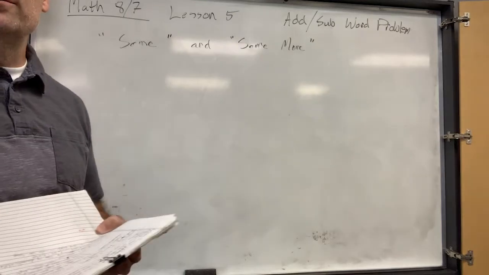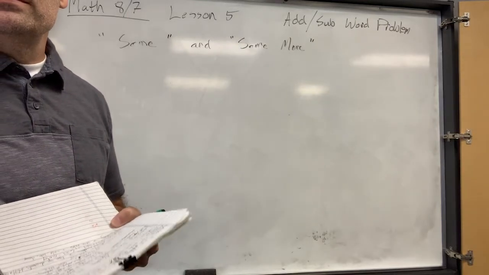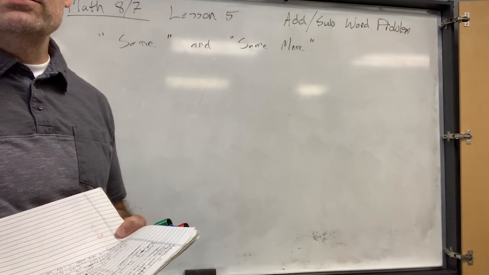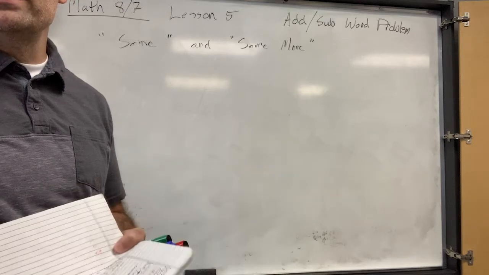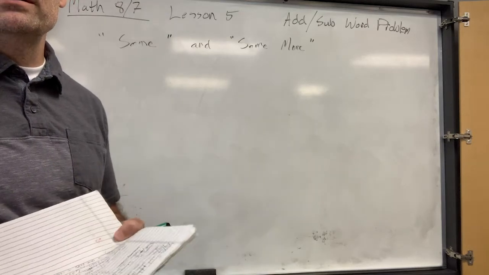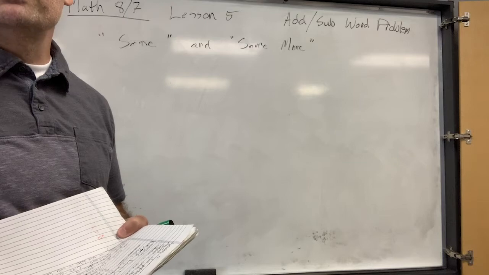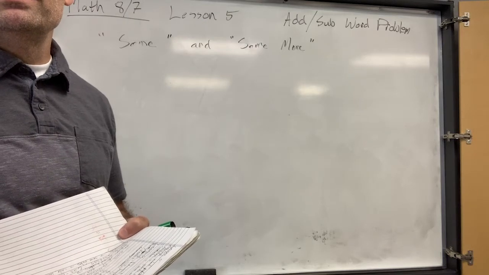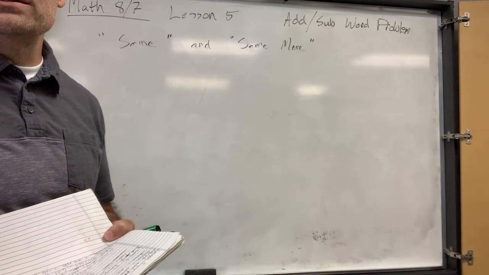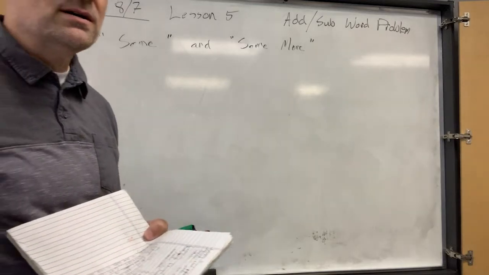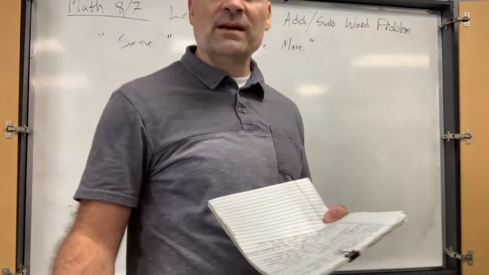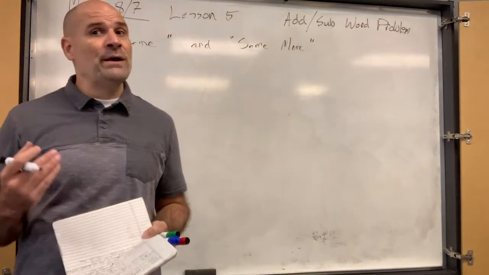If Austin got 7 more right on his test than Xavier, then what kind of math problem is that? If I knew Austin's test score, I could just subtract 7 from Austin. Or it depends.